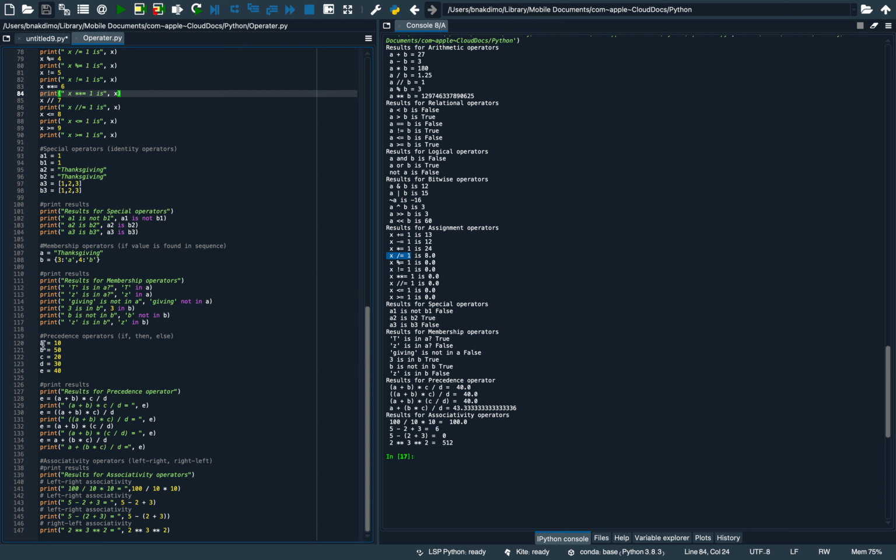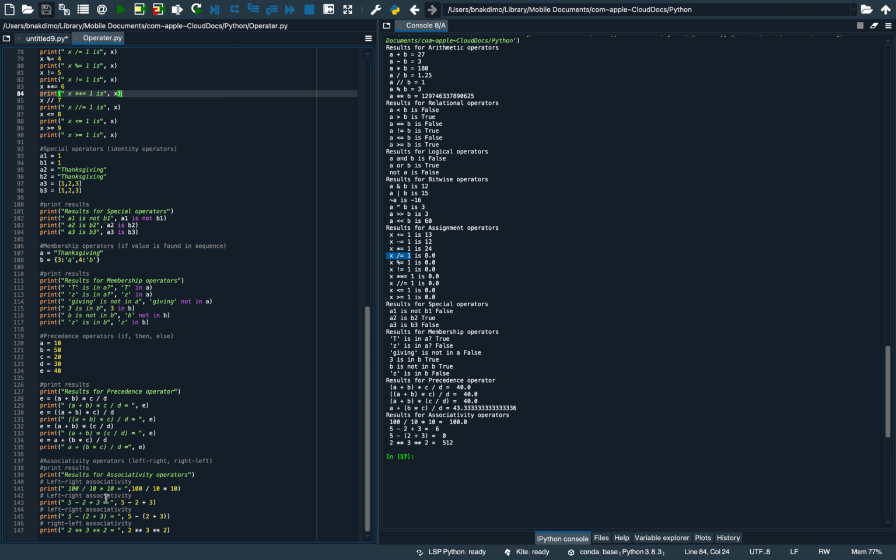For this one, the variable a has a value of 10, b is 50, c is 20, and then I wrote it out: e equals a plus b times c divided by d, which is 40. So you're just writing out the expressions, putting them in the right order, and then it will give you an answer.